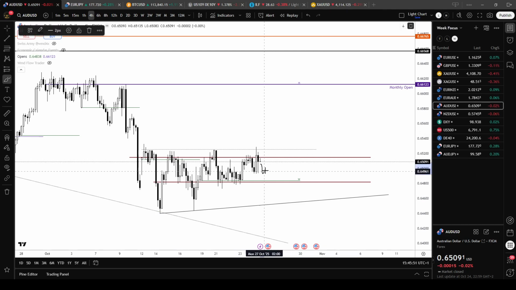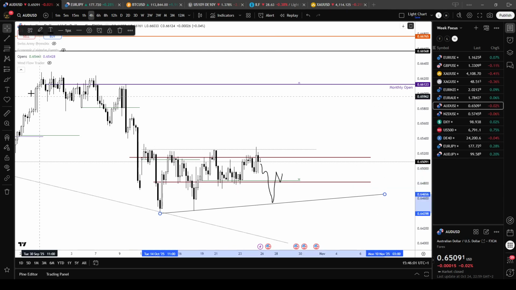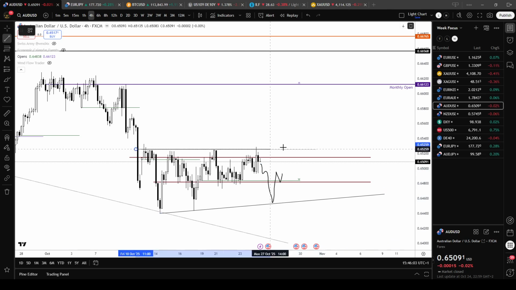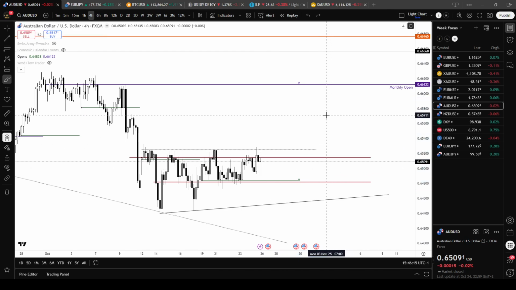it could make another flash lower and close inside on a daily, while it compresses like this triangle-like structure. Okay, until it makes higher highs and higher lows, and all you see is compression and compression, and boom, there she goes.